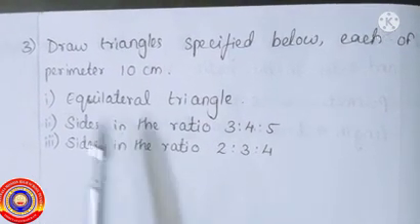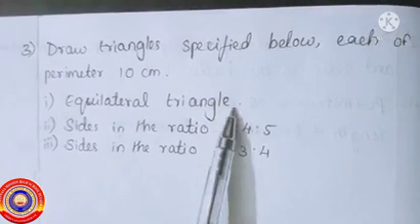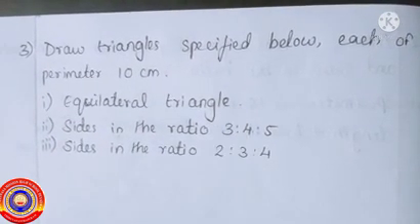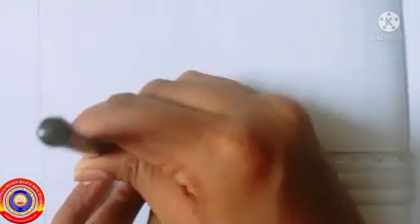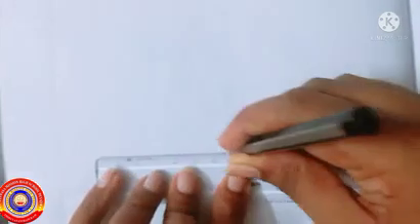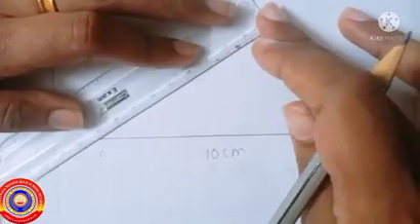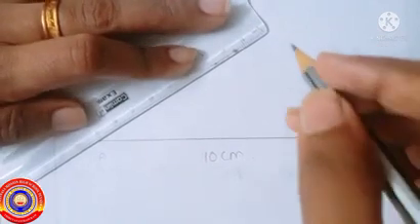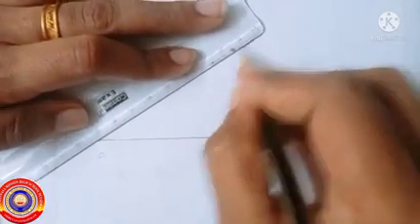First of all, let's draw the equilateral triangle with the given measurements. For that, draw a line AB of length 10 centimeter. After that, from A, draw a line AC of length 9 centimeter.